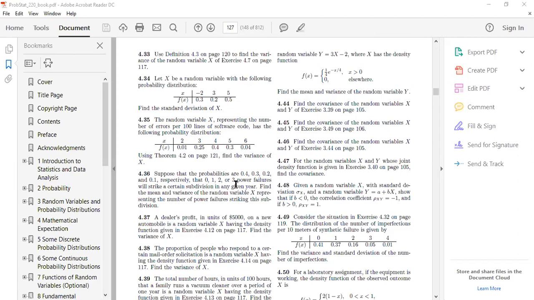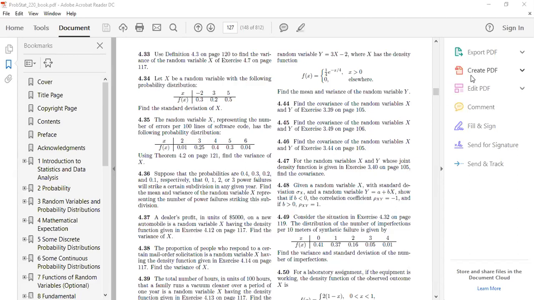The random variable x representing the number of errors per 100 lines of software code has the following probability distribution, x and fx, using theorem and so on. Find the variance of x, right? So it's quite simple, guys. Look at over here: 2 and 0.01, 3 and 0.25, 4 and 0.4, 5 and 0.3, 6 and 0.04. Values of x and fx.